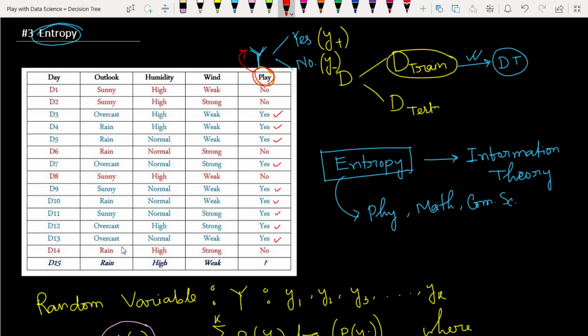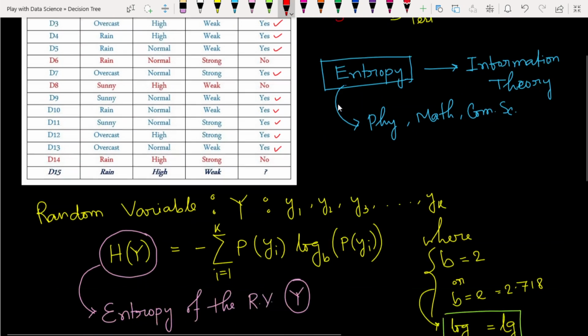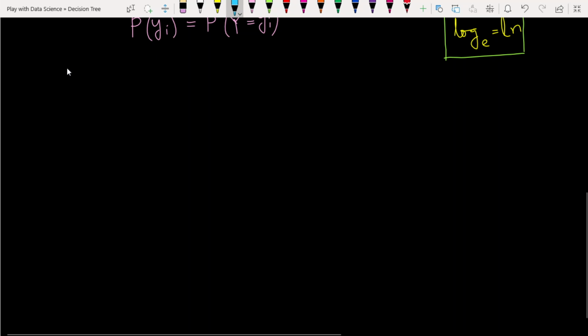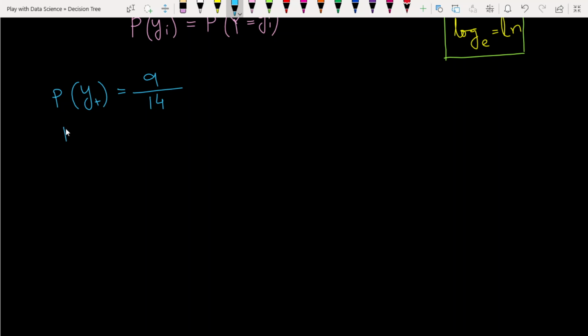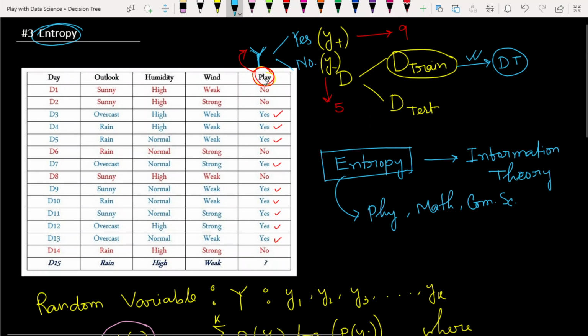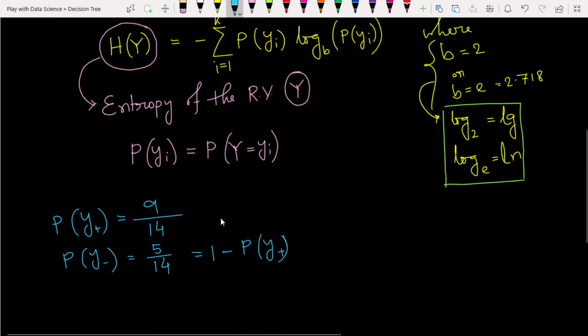So in total we have 14 data points, and out of 14 we have 9 yes, and the rest, 14 minus 9, is 5 no. So the probability of y plus is 9 out of 14, the number of positive points. The probability of y minus will be 5 by 14. Or simply you can calculate it with the formula 1 minus the probability of y plus, because this random variable has only two values.